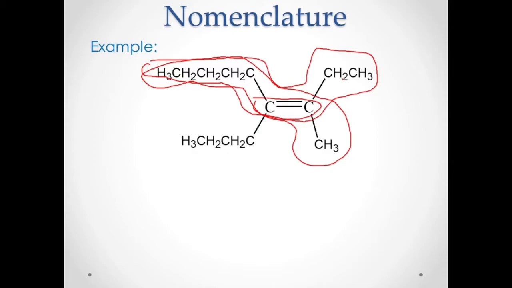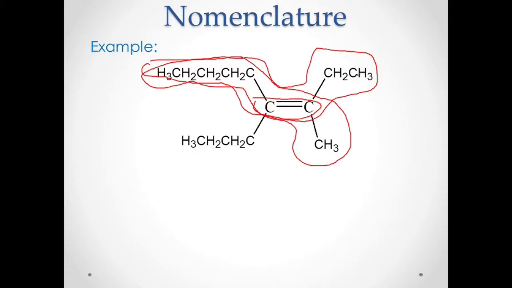And rule number two is you number your longest continuous carbon chain in such a way that your carbon to carbon double bond would attain the lowest number. So if you're going to number this as 1, 2, 3, 4, 5, then your carbon to carbon double bond would be on carbon number 5.